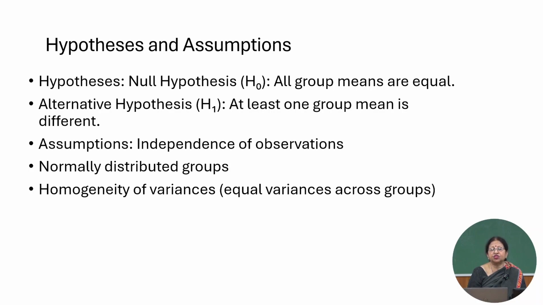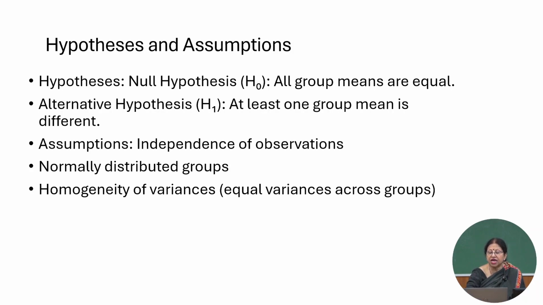Hypothesis and assumptions. Null hypothesis H0: all group means are equal. Alternate hypothesis H1: at least one group mean is different. Assumptions: independence of observations, normally distributed groups, and homogeneity of variance, meaning equal variances across the groups.